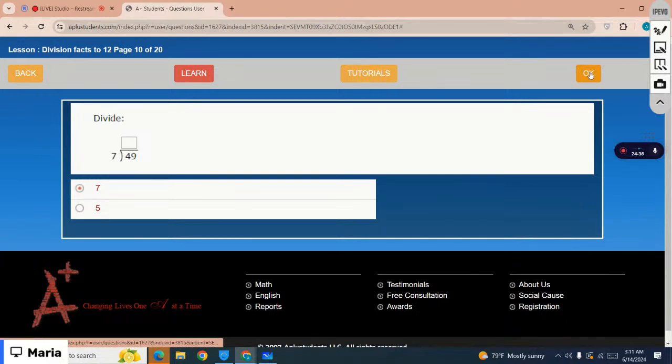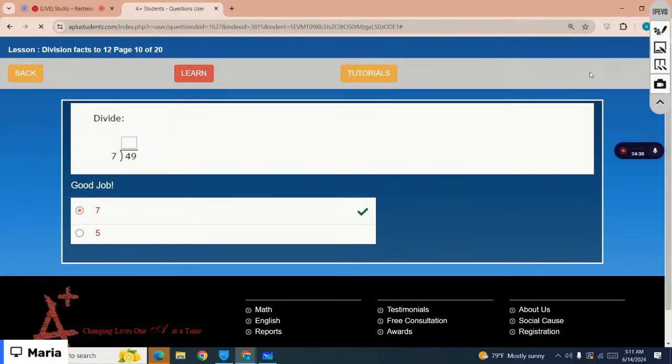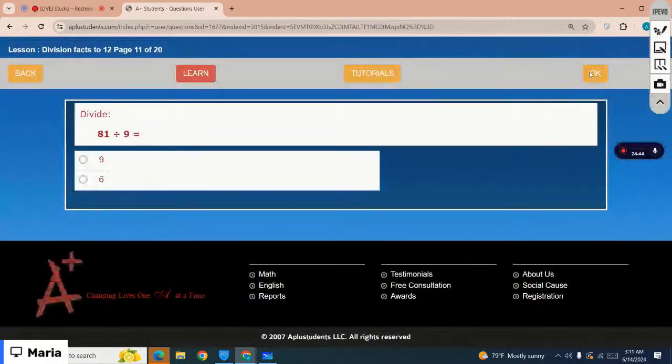Option number 1 is the correct option. 81 divided by 9 equals, 9 times 9 is 81. The correct option is 9.